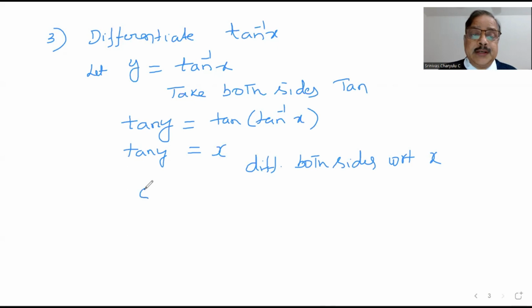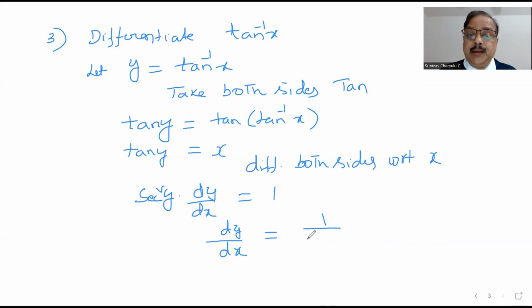Tan y differentiation is secant square y, differentiation is dy by dx, x differentiation is 1. So dy by dx is equal to 1 by secant square y. 1 by secant square y is nothing but, from the trigonometric identity, secant square y is nothing but 1 plus tan square y.